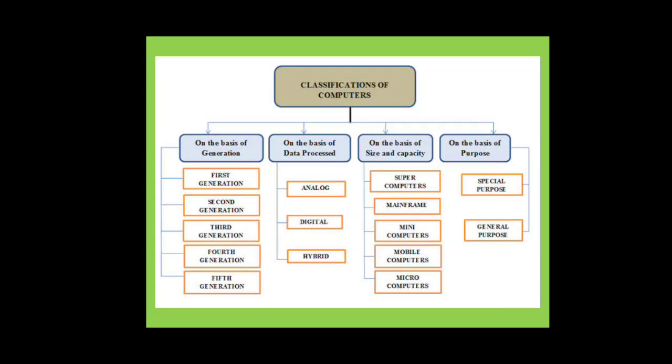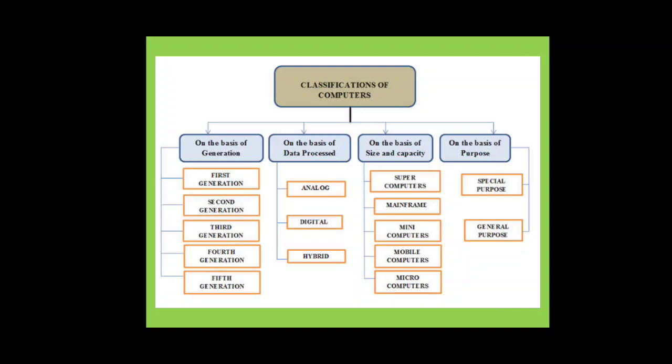The last one is on the basis of purpose, that is, for what purpose we use a particular type or size of computer. So these are the 4 main categories we are going to follow: generation, type, purpose and size. This is the overall chart of the categories of computers and computer language.